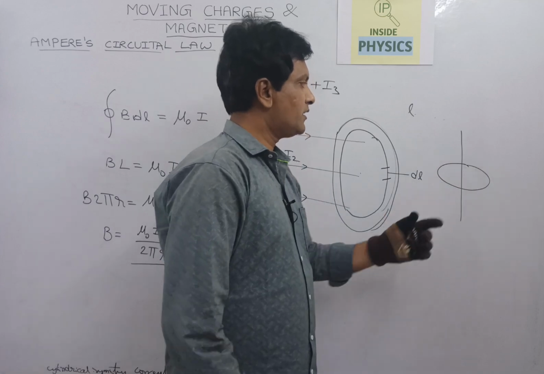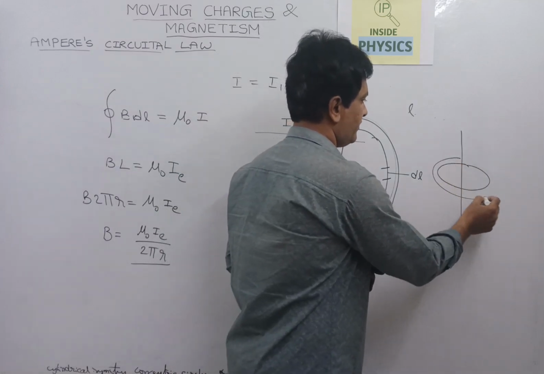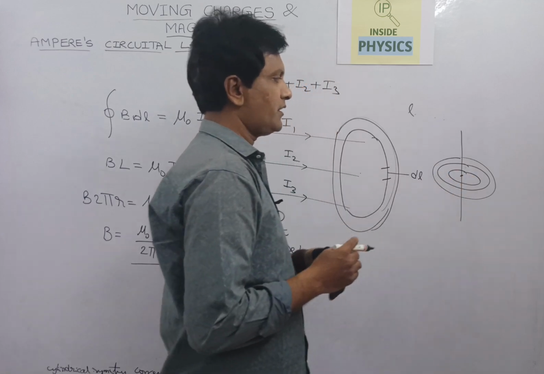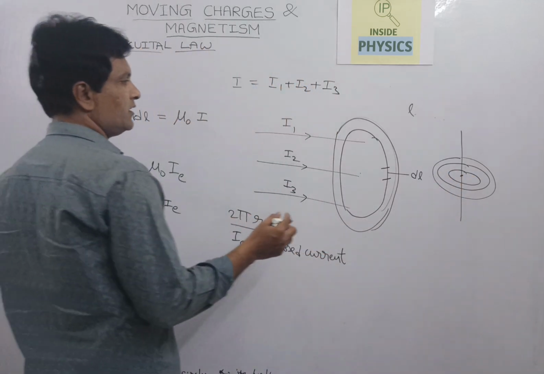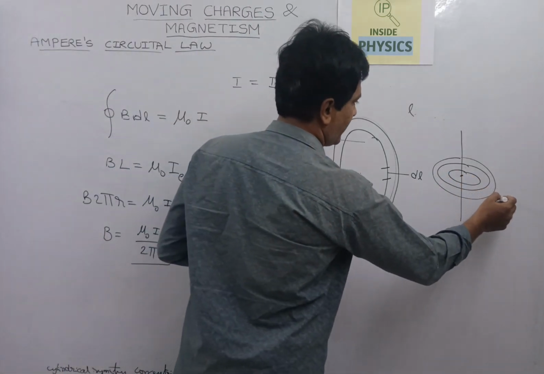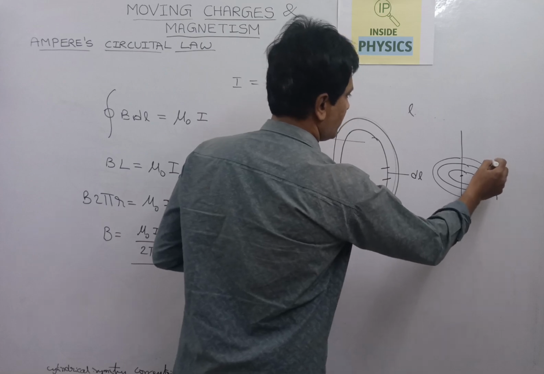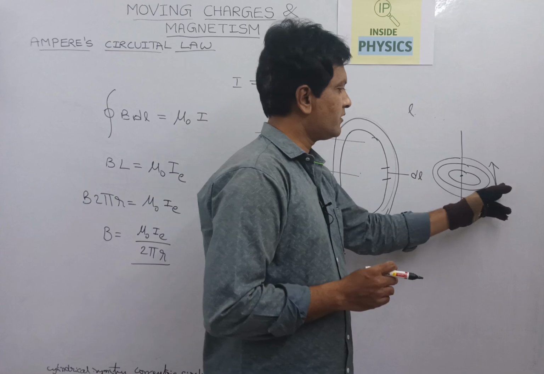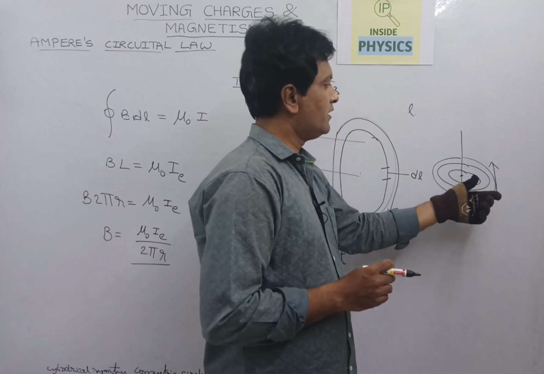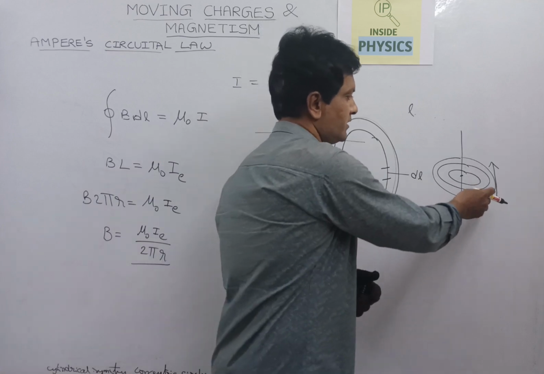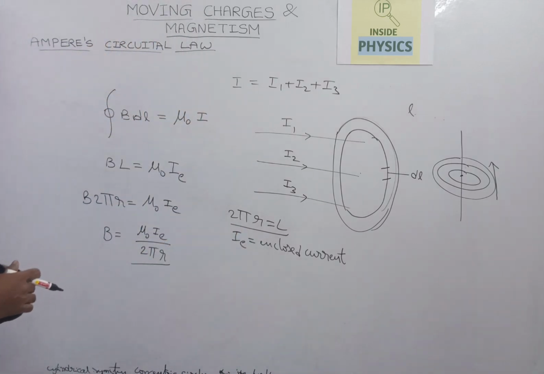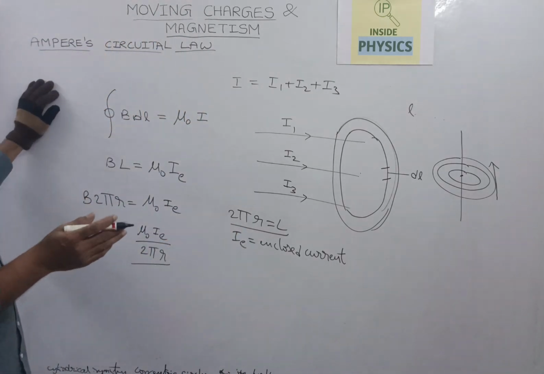When these are concentric circles, the magnetic field will be like this around the conductor. So what is the direction of the magnetic field? The direction will be tangential. This is the tangent drawn to the field direction. The magnetic field is tangential to the circle, or loop. It is tangential to the loop.